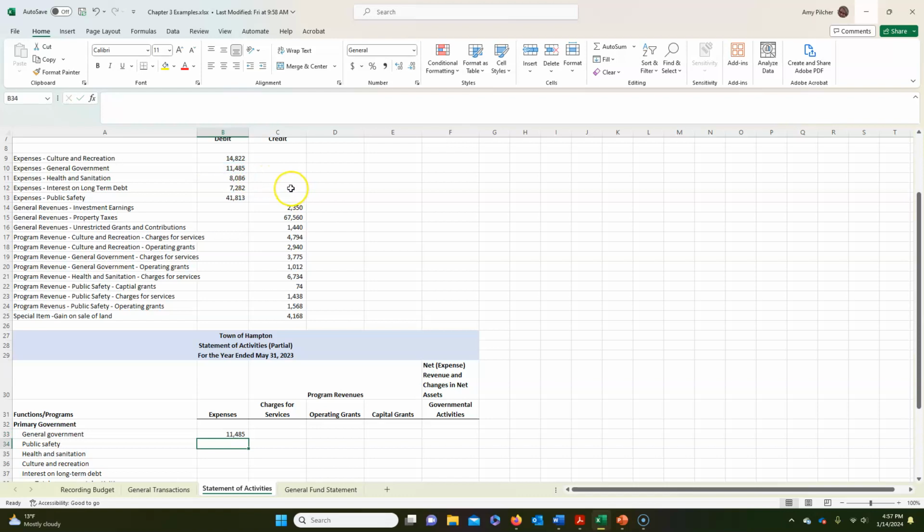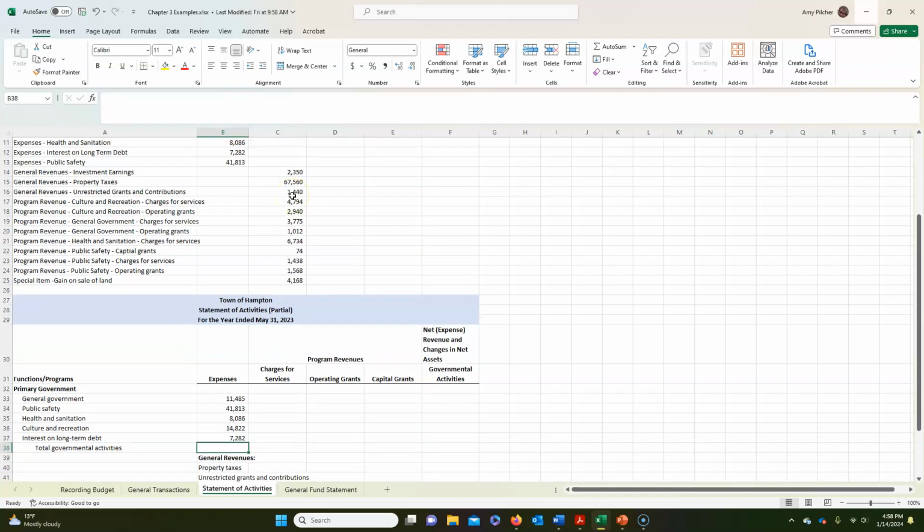So we have our general government, public safety, health and sanitation, culture and recreation, and our interest on long-term debt. Those were our different expenses. Then we're going to have a total here for our total expenses from the different activities that we have.